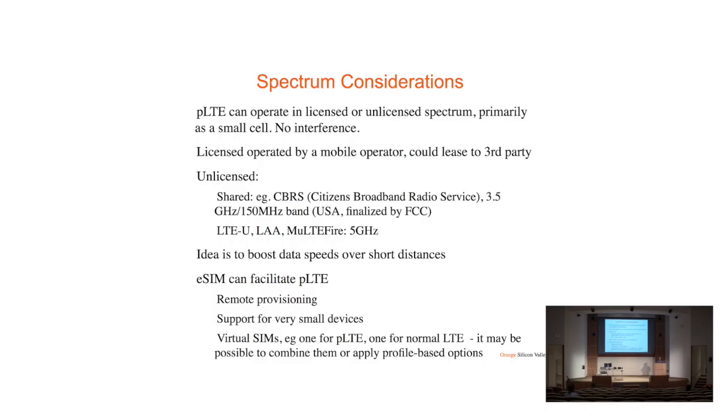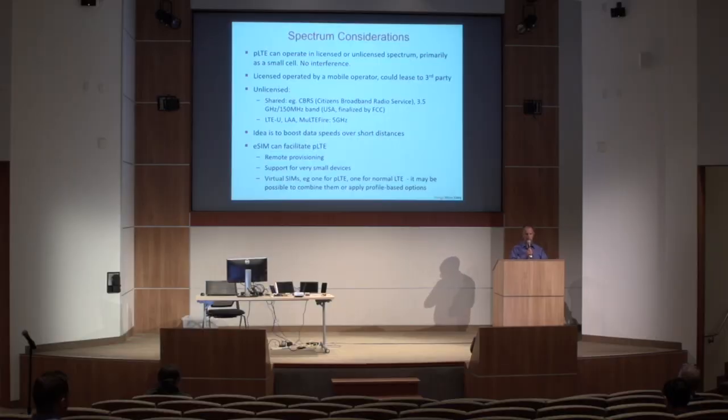Now, if you're wondering how this is going to work with the SIM card, you need a SIM card that's been provisioned for that private LTE. For this particular demo, we have provisioned the SIM cards to work for that particular setup. But if you want to use the same mobile device, the same user equipment, for public LTE and private LTE, then you need a dual SIM card, or an embedded SIM, which is essentially a digital SIM card.